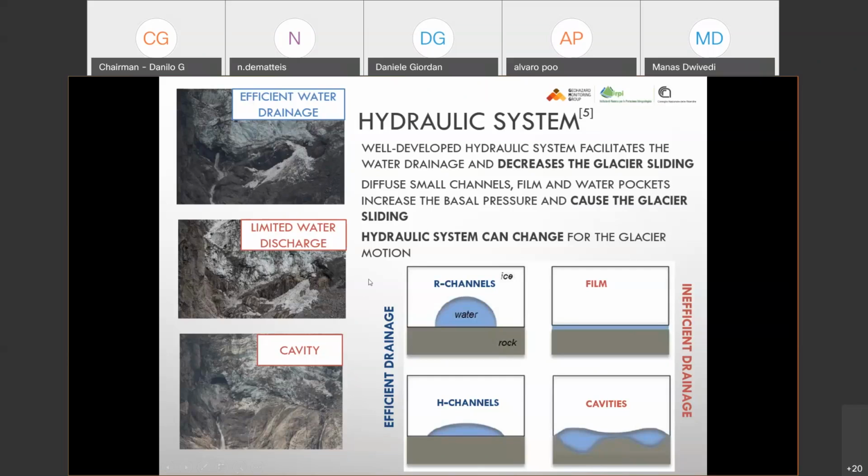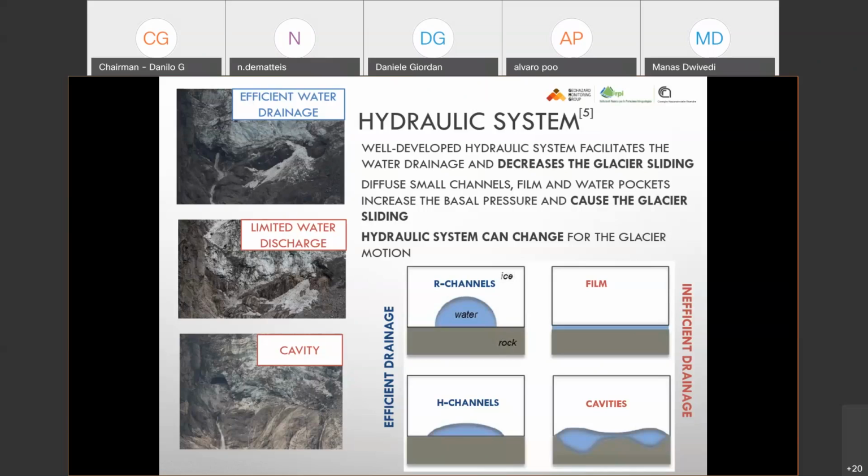Therefore, the presence of water, for sure, is the most important element that can influence the glacier sliding, but it is important how the water is distributed within the glacier body.